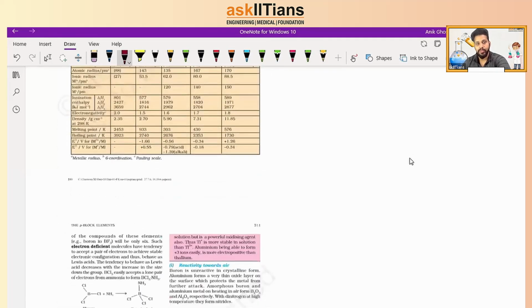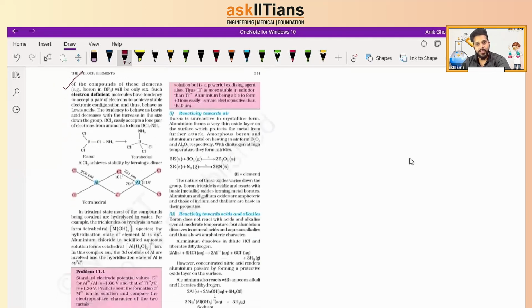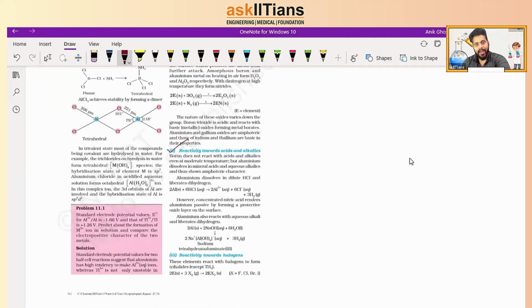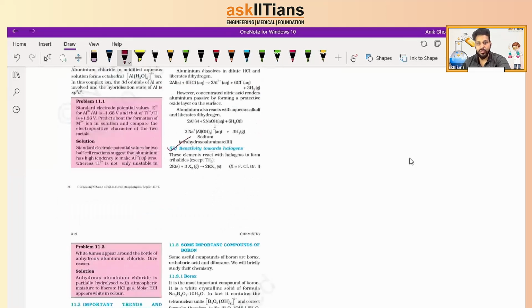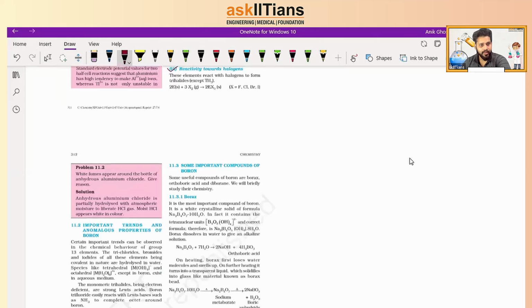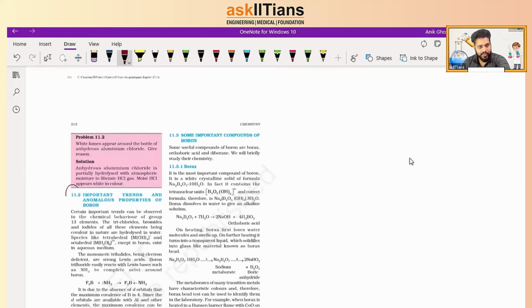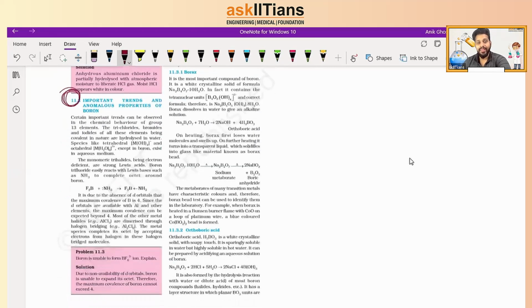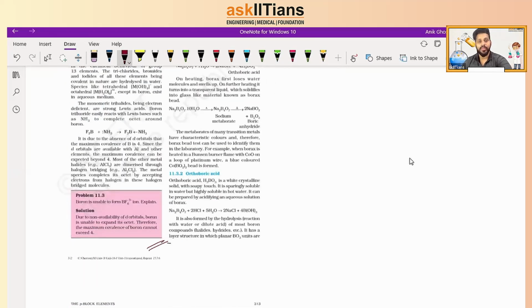These are all there in your syllabus. Electron deficiency, reactivity towards acids, alkalis, reactivity towards halogens. These topics are all there in your syllabus. Then important trends and anomalous properties of boron. Guys, this is where your syllabus gets over for group 13.